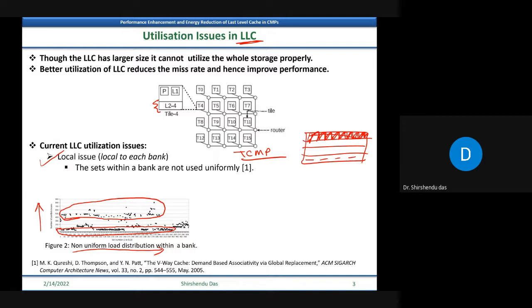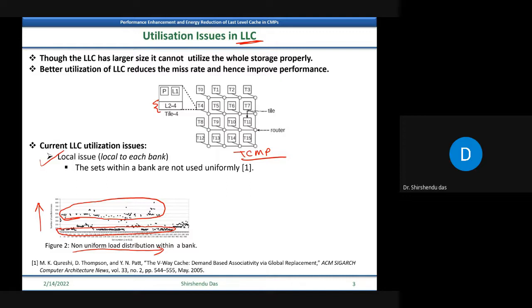If you don't utilize the cache space completely, there will be misses, and on a miss you go to main memory, which consumes more time. Then ultimately your average memory access time, that we call AMAT, will increase, right? And if AMAT increases, it will affect your CPI, IPC, or you can say the performance of the computer.